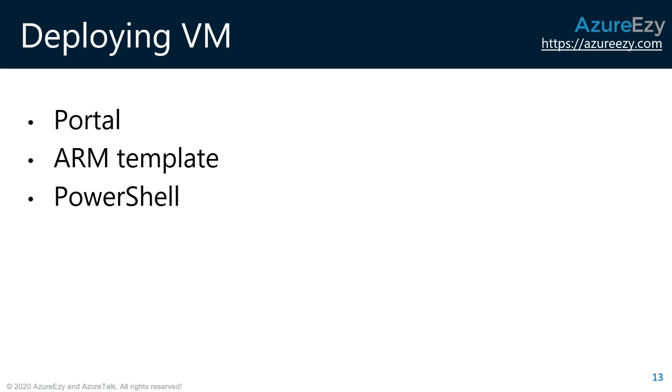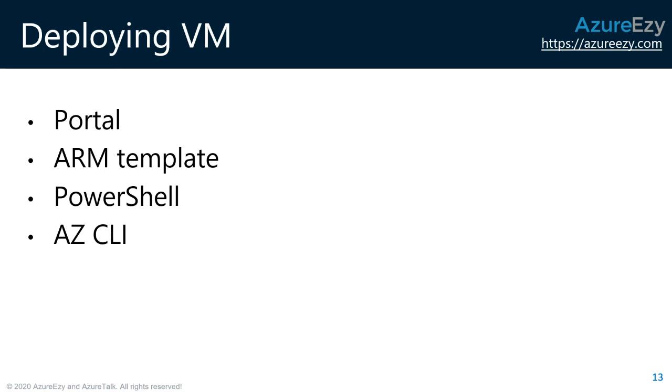Again, in day-to-day activity, this is more aligned to infrastructure engineers' jobs, but at the same time, as a developer, you must be aware of these options from the tools point of view. You have the portal, you have ARM templates, you have PowerShell, and the last thing you have is Azure CLI.